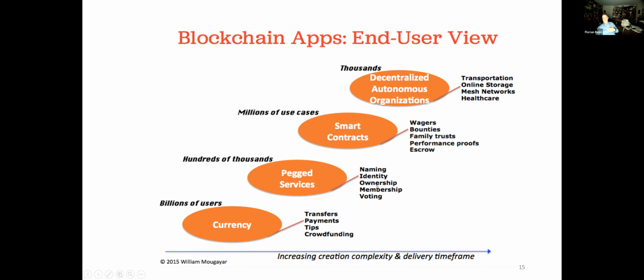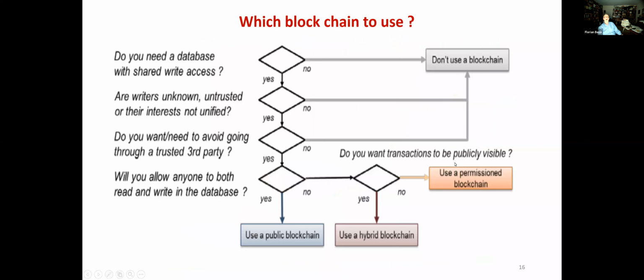So blockchains are now used for authentication of participants in different computer interactions between different parties. Smart contracts are deals with the family trust, performance proofs, and there may be millions of use cases. And then autonomous organizations may be in the thousands of cases.